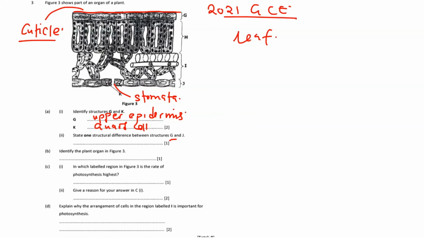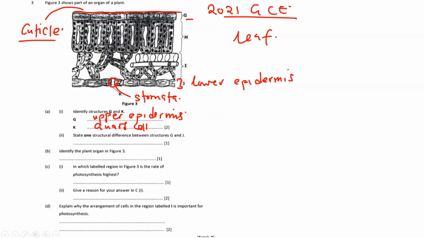Then state one structural difference between structure G and J. Structure G is the upper epidermis, and J is the whole of this one, the lower epidermis. What is the difference between the upper and lower epidermis? One difference is that the lower part has the guard cells.